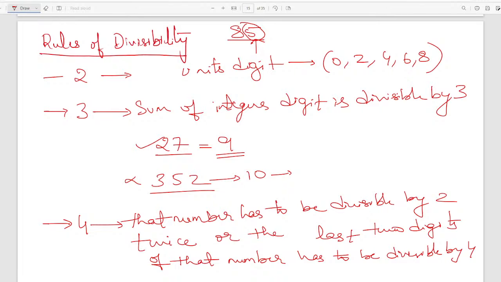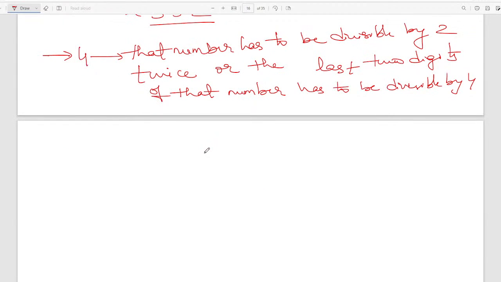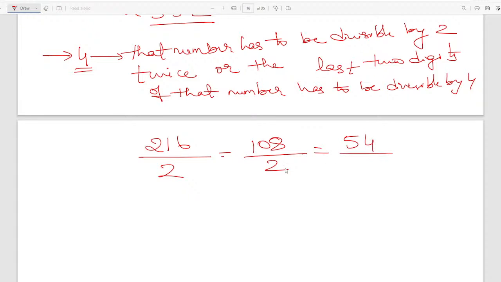For example, let's take 216. What they're saying is, if that number has to be divisible by 4, then it has to be divisible by 2 twice. If I divide this by 2, it would be 108. Then I can again divide it by 2. This is 54. So this number 216 is divisible by 2 twice.